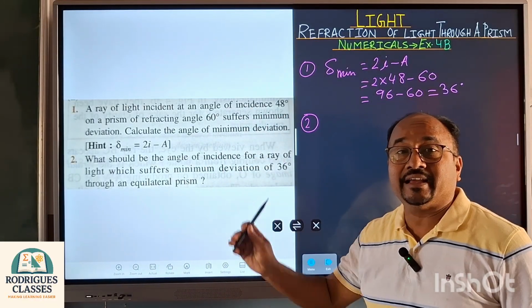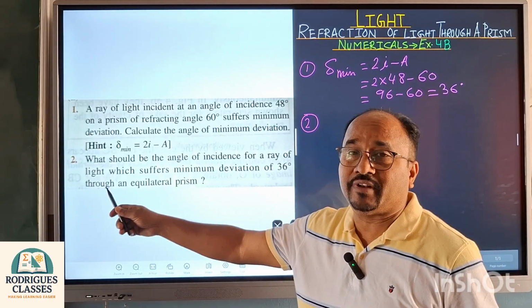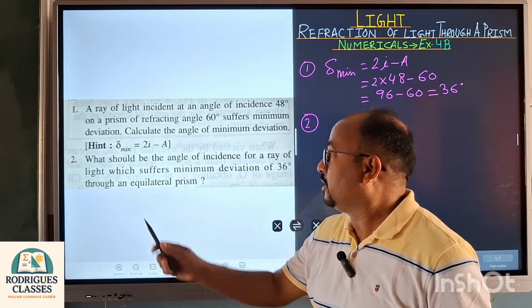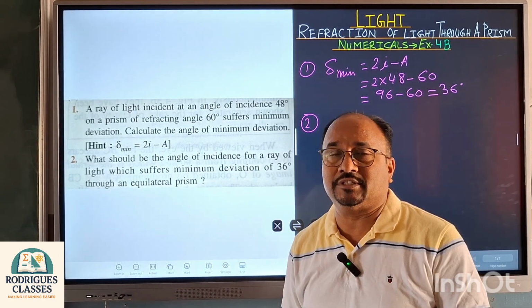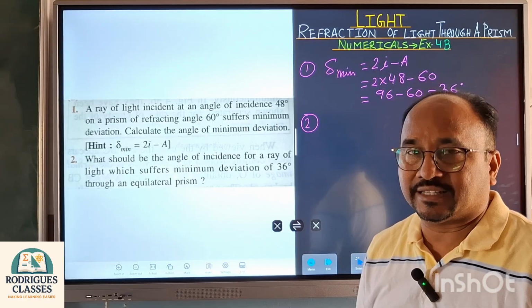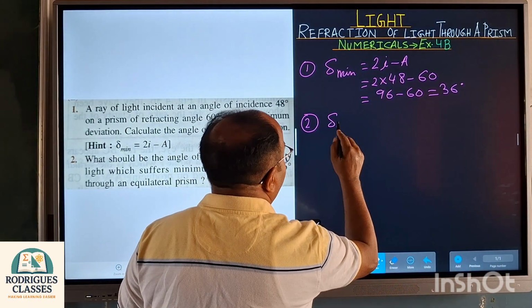What should be the angle of incidence? So now it has been asked, what is the angle of incidence for a ray of light which suffers a minimum deviation of 36 degrees through an equilateral prism? So that equilateral prism makes the angle of the prism 60 degrees. So let us write the formula first.